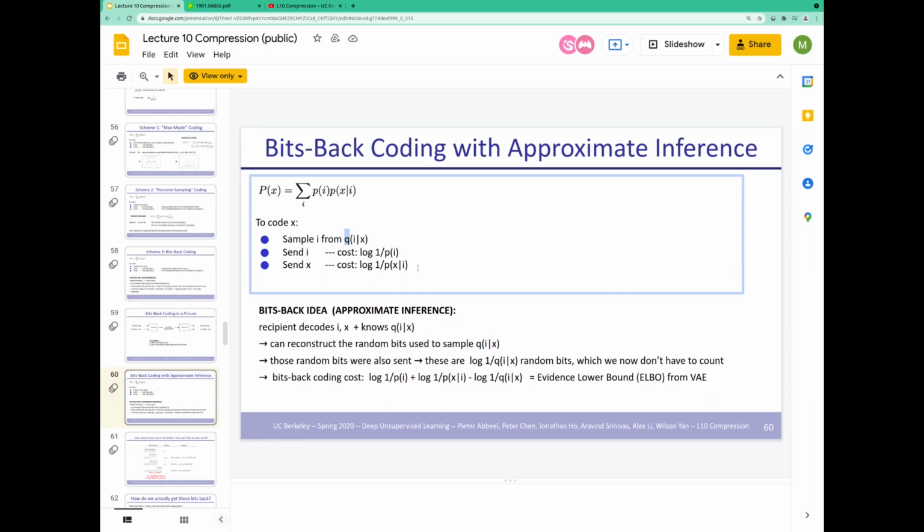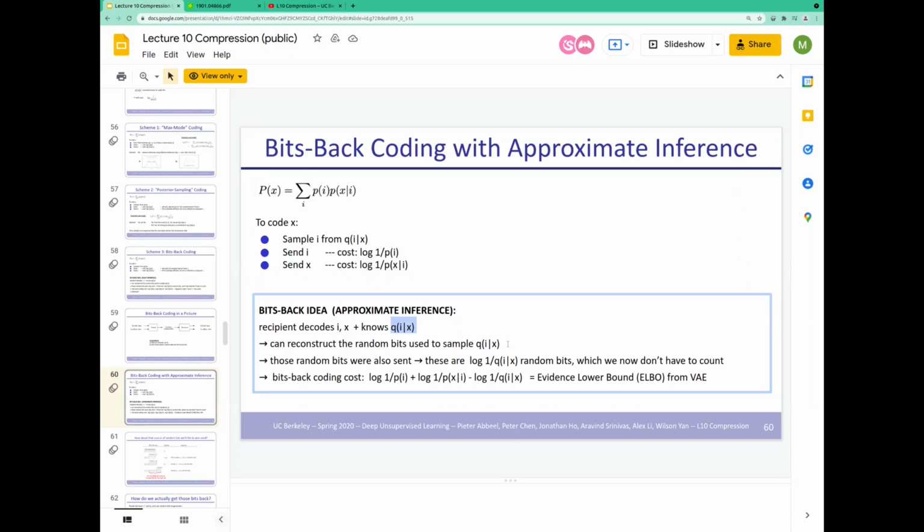And then yeah, these two are the same. The probability of I, and then the probability of x given I. Okay, and then I think the only difference here is the recipient decodes I and x and then knows the qi of x.